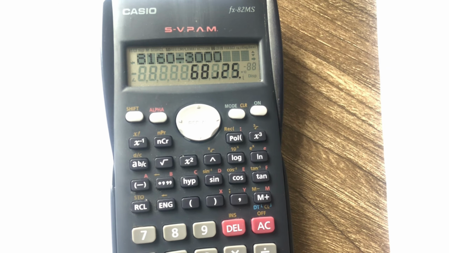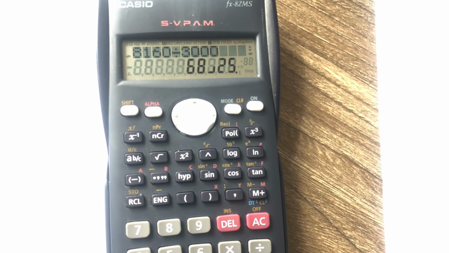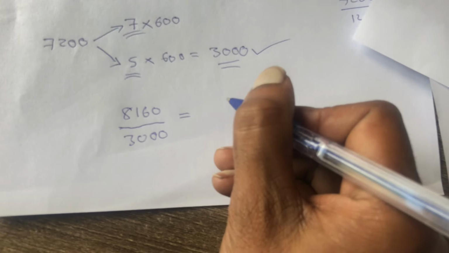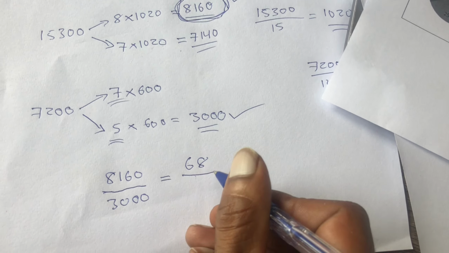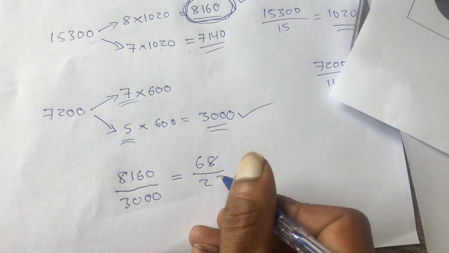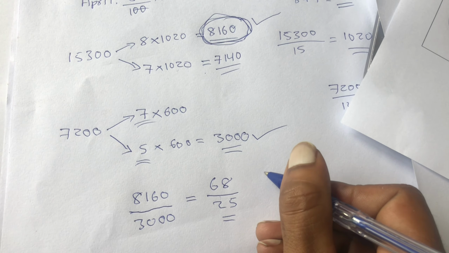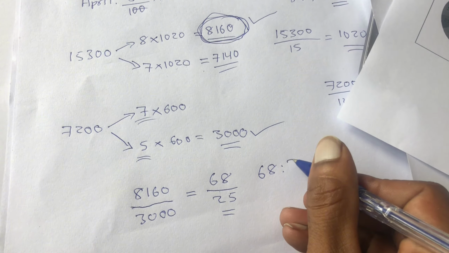The answer is 68 divided by 25. So the ratio is 68 is to 25.